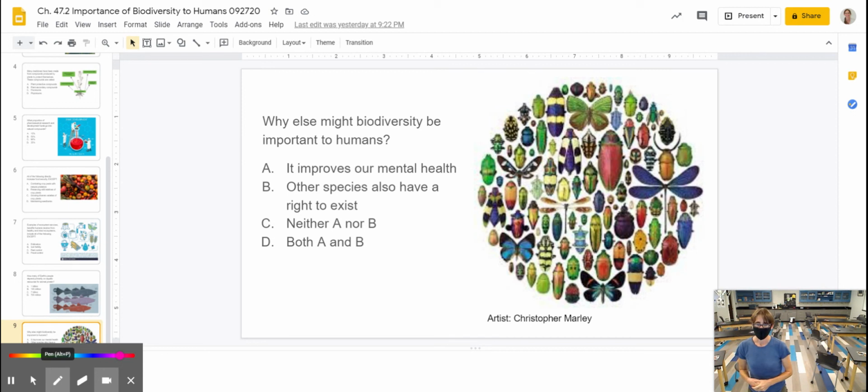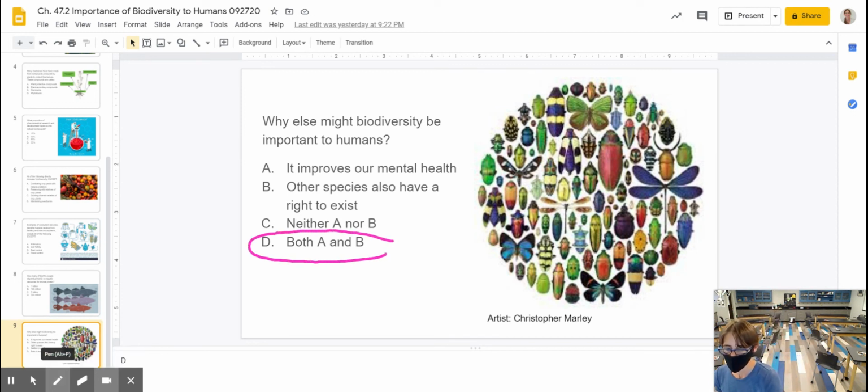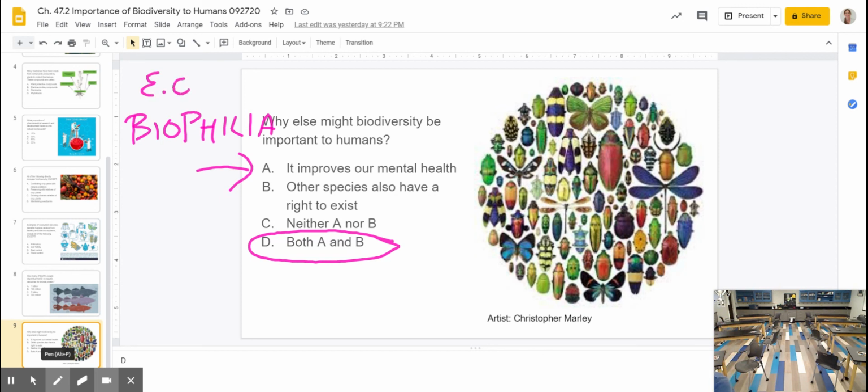Okay, so the answer, of course, is D, both A and B. It turns out they don't really give this a name, but they talk a little bit about something called biophilia. This is a hypothesized characteristic of humans. It was hypothesized by E.O. Wilson, a really famous biologist.